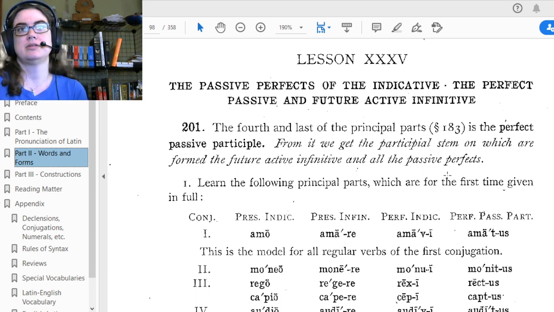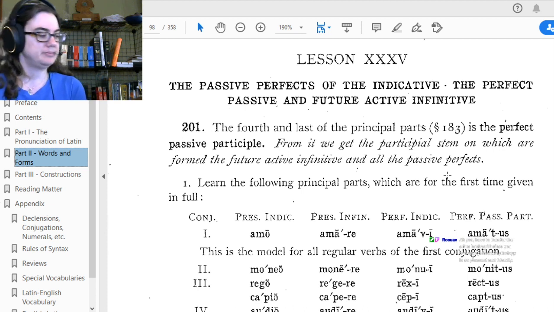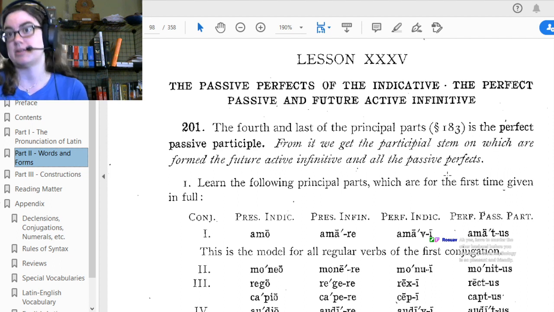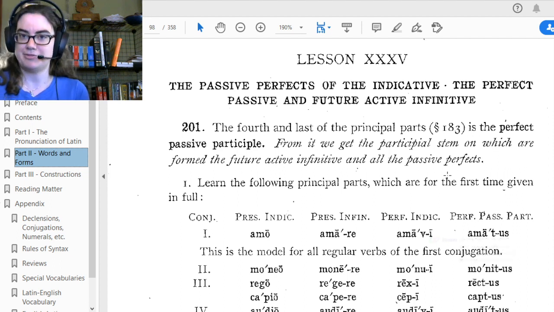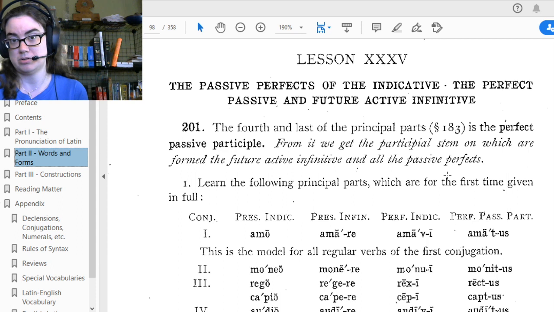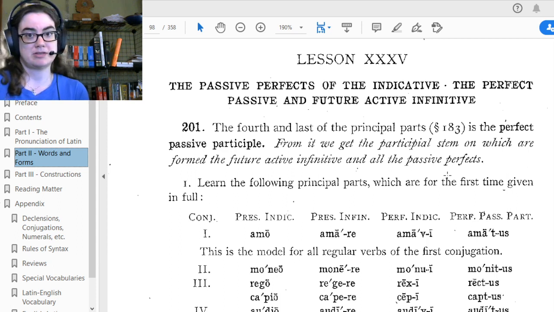All right. So the passives of the perfects create a little bit of a hiccup. And that is because the perfect passive system, which includes the perfect tense, the future perfect tense, and the pluperfect tense, these are the three tenses in Latin that do take a helping verb. In English, we're used to this.